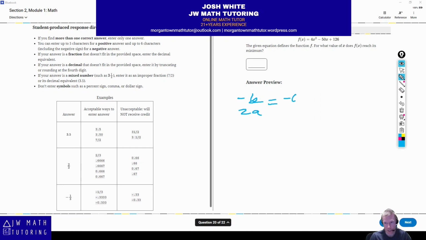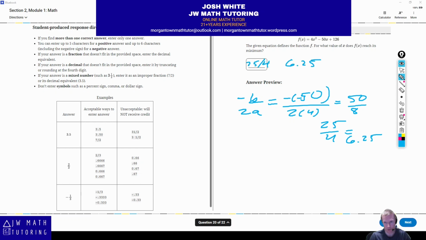So that would be the opposite of negative 50 over 2 times 4. That's just 50 over 8, which reduces to 25 over 4, which is also equivalent to 6.25. So you could grid in 25/4, you could grid in 6.25. Both of those would be correct.